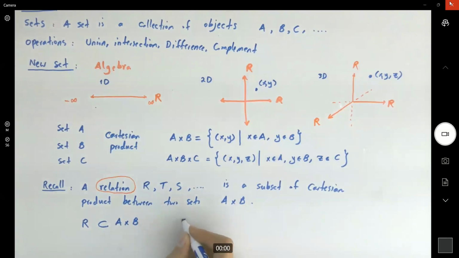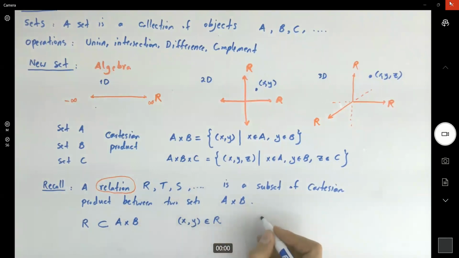We say that a point, an ordered pair, belongs to relation R, and we can represent it by x is in relation with y.